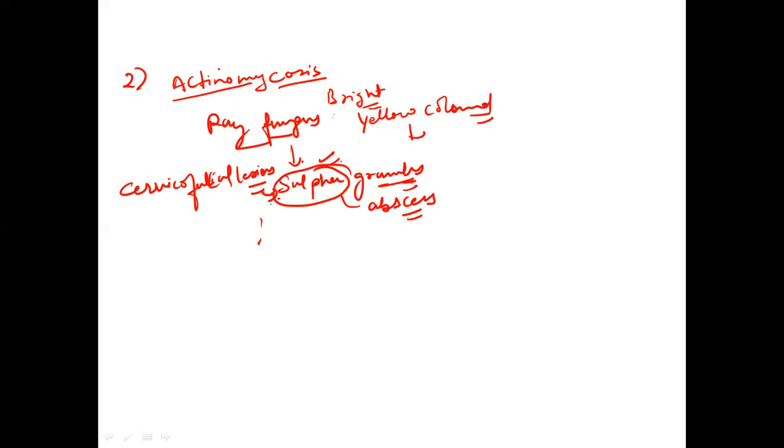Then come to your third one, sarcoidosis. Now, what is sarcoidosis? Don't get confused between actinomycosis and sarcoidosis.